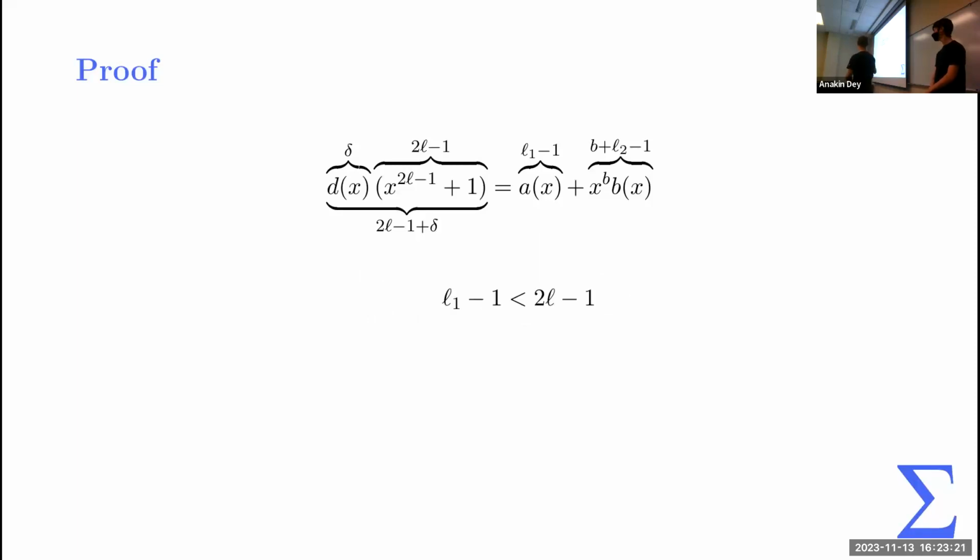Okay, so L minus one, this is just a fact unrelated to this for now. That L minus one is less than 2L minus one because L1 is restricted by L. So doubling it is strictly less than instead of just less than or equal to.